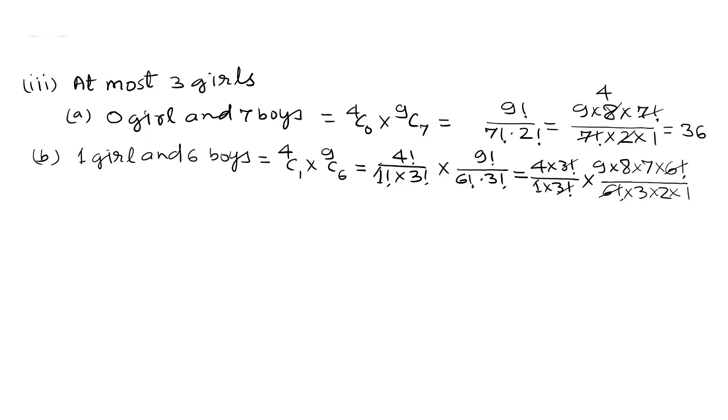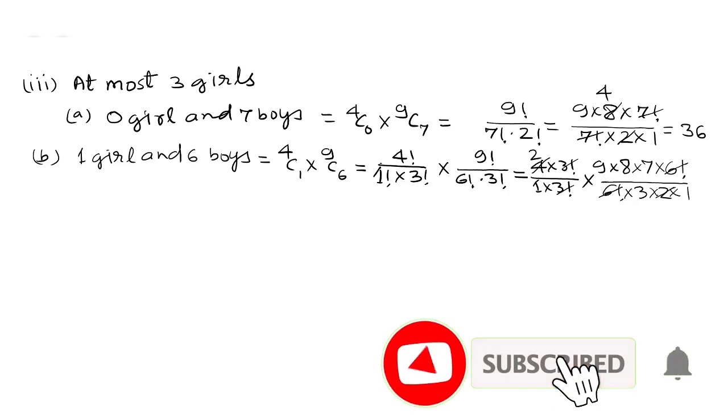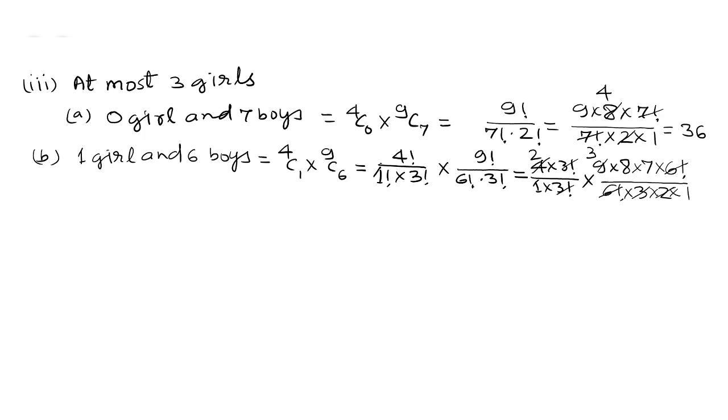We cancel 4 of the numerator by 2 of the denominator for 2 times, and 3 of the denominator cancels 9 of the numerator for 3 times. So this is equal to 2 multiplied by 3 is 6. 6 multiplied by 8 is 48. 48 multiplied by 7. 7 times 8 is 56.